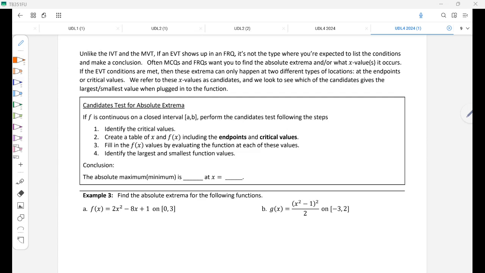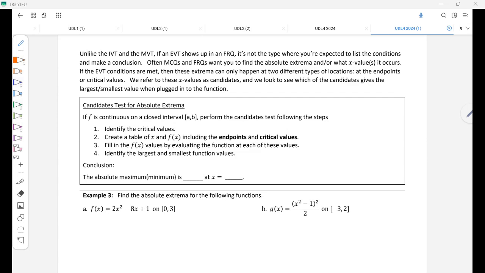So what these questions involve is figuring out what those are. What are the endpoints? They're given to us. And then what are the critical values? We have to figure those out. And then we just go through those numbers and pick the biggest one, or the smallest one if we have to pick a minimum. And that's what the candidates test is.